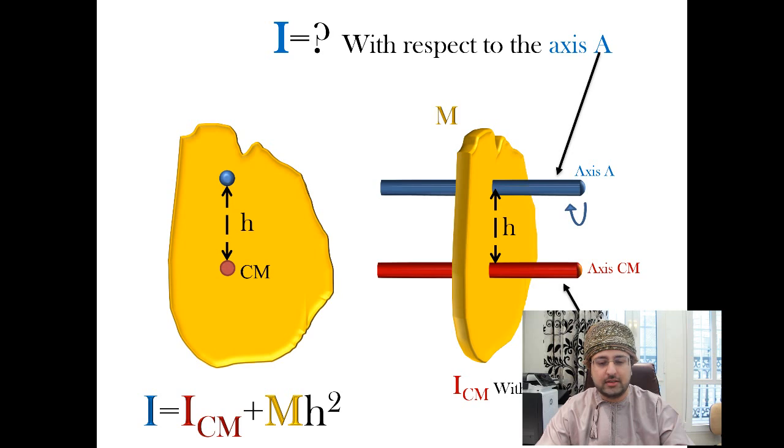What it says is, if I know my inertia at the center of mass, I can find it at any given distance h from that point. It's given as: moment of inertia I about any point is equal to I_CM plus mass times that distance squared.